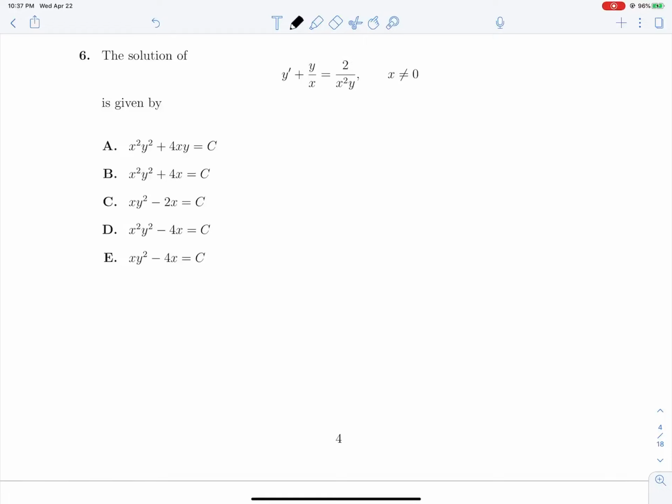And so imagine my surprise when this thing's exact. The only reason I figured out that it was exact is that I looked at the answer choices, and these are very exact looking answers to C. And so we should be able to do this.